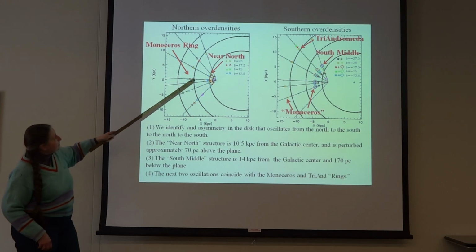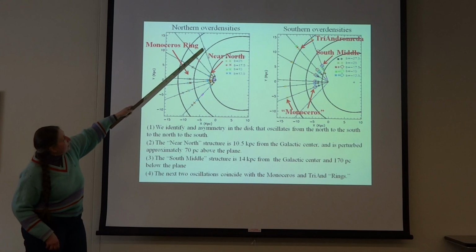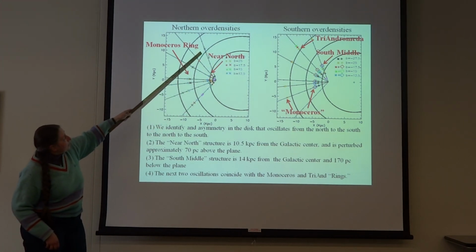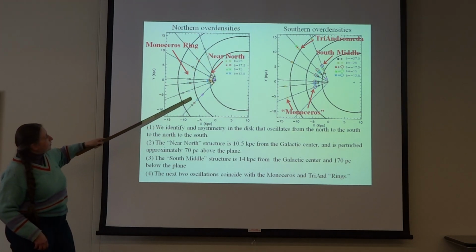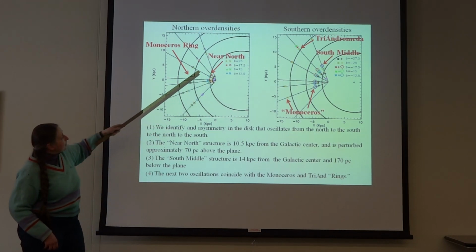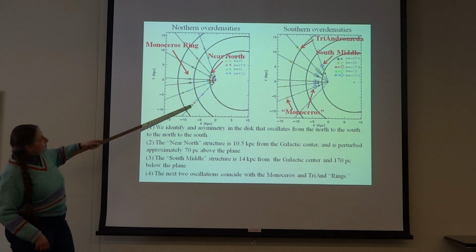We're looking away from the center of the galaxy. And we see that in this direction, the Monoceros Ring is a little bit closer to the galactic center than it is over here. And the black circle is centered on the galactic center. And it gets a little bit further away as you go over here.